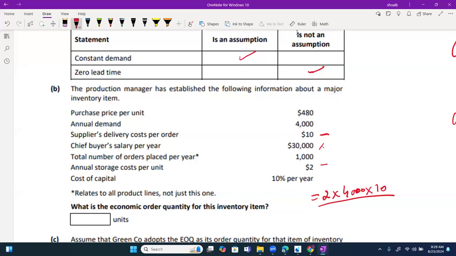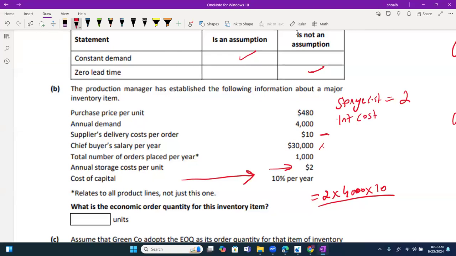So what is the holding cost per unit? Annual storage cost is the holding cost, 2. Storage cost is a part of holding cost. Plus one thing more: cost of capital, the interest cost, is also part of holding cost.